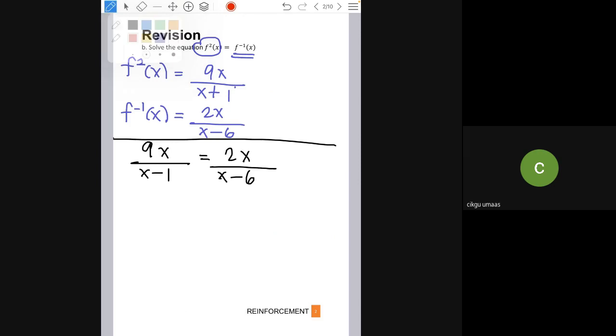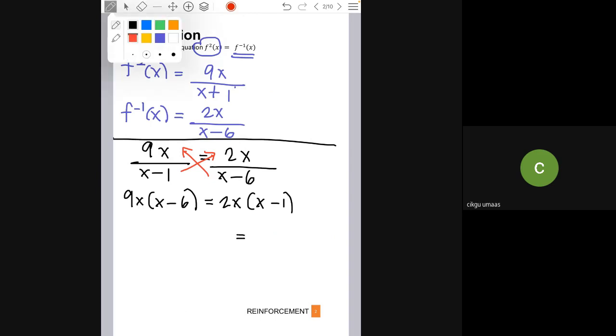The famous word in maths that all of us definitely know. Have you heard of this keyword called cross multiply? So that is what I am doing. 9x equal to, okay. Harsha, can you expand the left for me first? What do you get, Harsha?